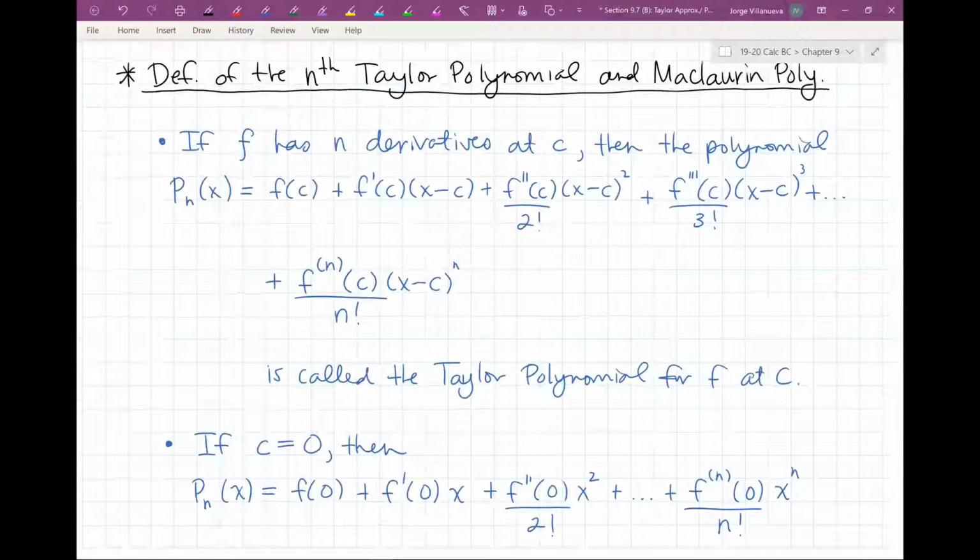Because if you did get a 0 center, you could just plug it in and create your own Maclaurin, right? You don't have to memorize both. If they tell you it's Maclaurin, just let c equal 0 and plug it in, and you'll get your new formula. So it's easier for you just to memorize the general one instead of the specific Maclaurin one.